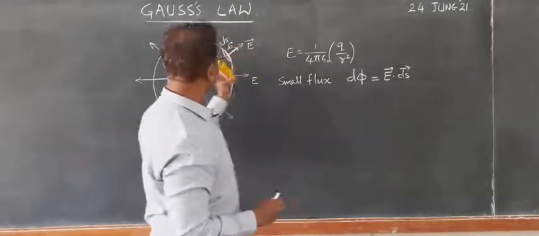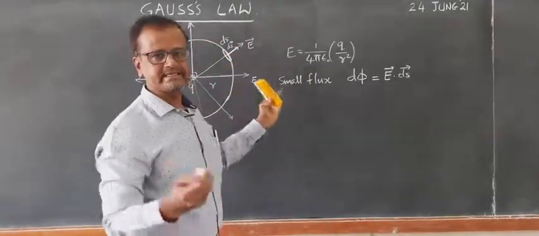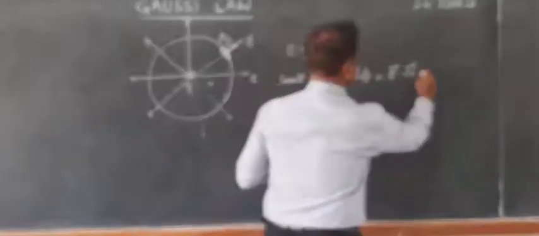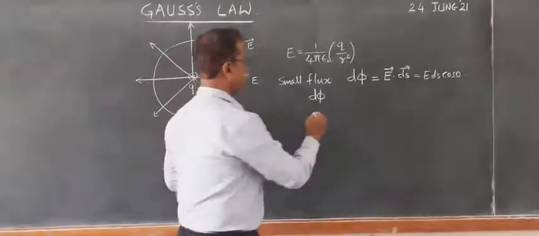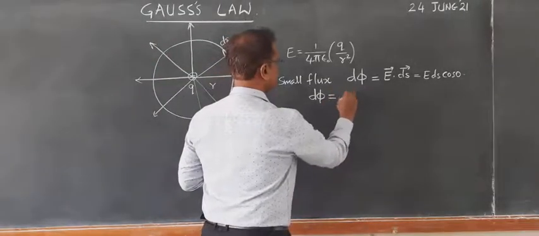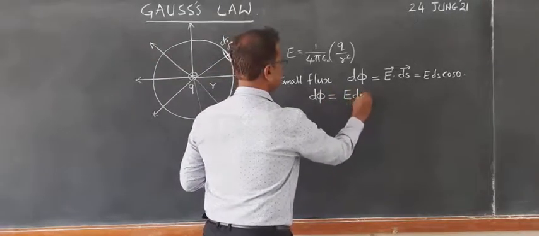And you know the angle between E vector and ds vector in this case is 0. So it becomes E ds cos 0. Cos 0 is 1. Therefore, the small flux linking with this small element of area, d phi, is equal to E ds.